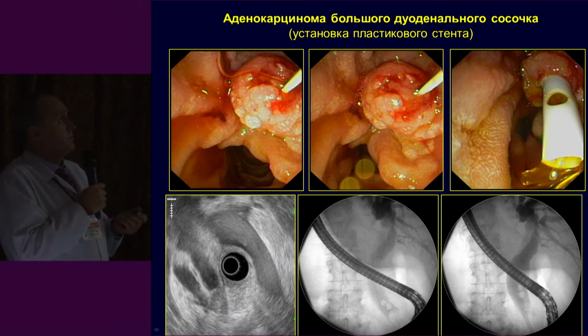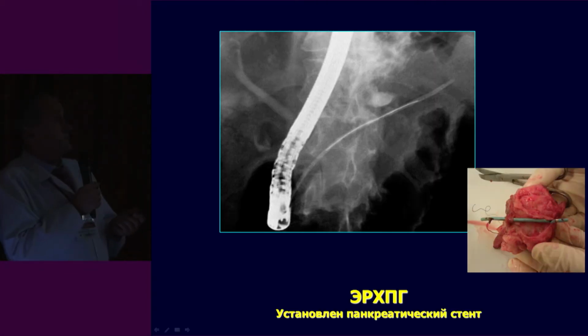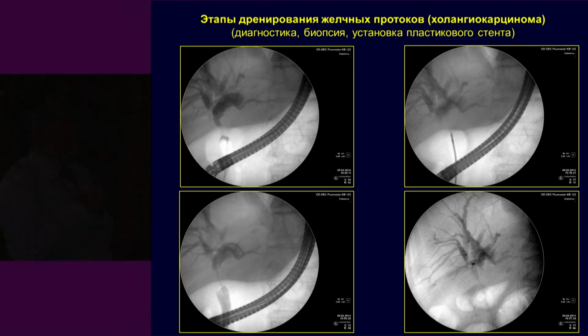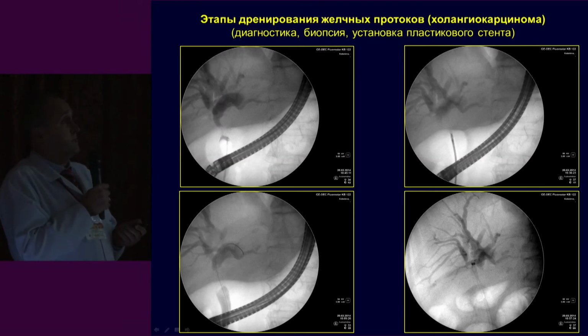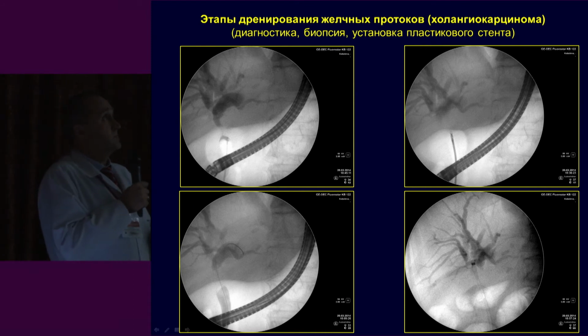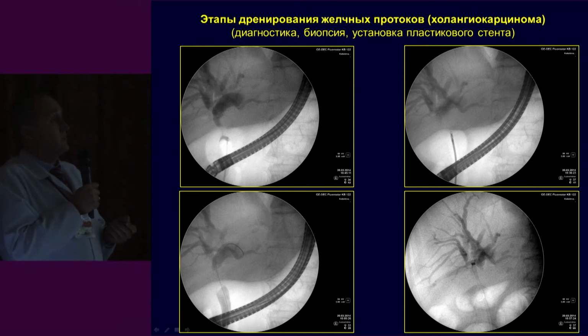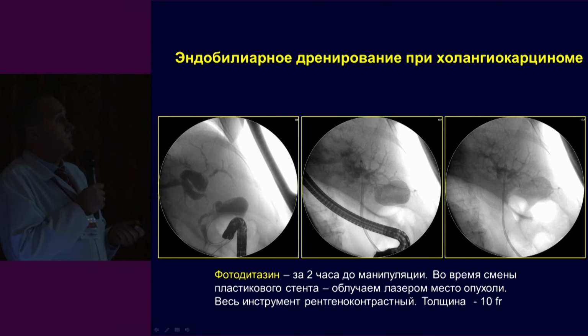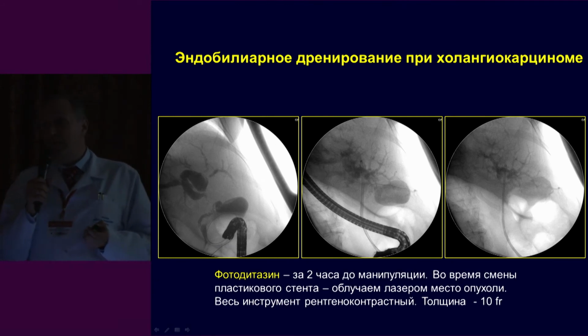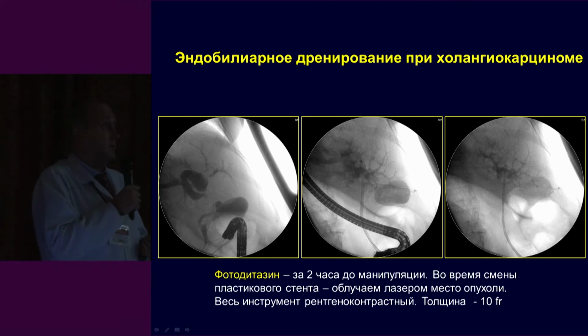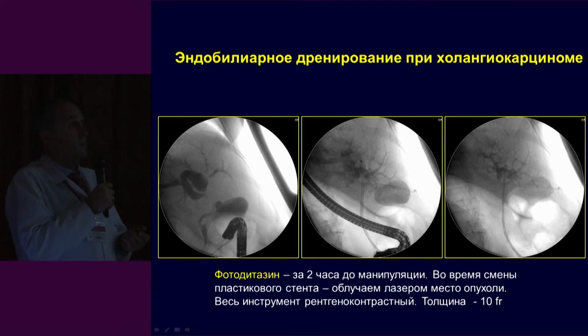Apart from that, we can do stenting in the duodenum papilla, and you can also work in the pancreatic duct. You can combine different diagnostic modalities with stenting and with other methods which allow us to do photodynamic treatment. And our setting also has certain achievements here.